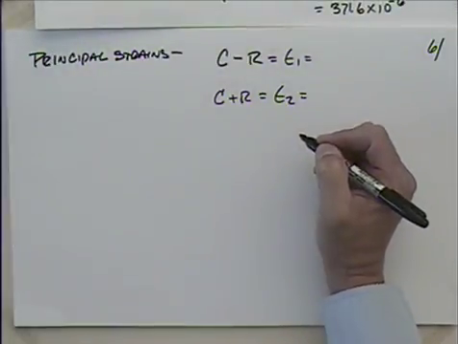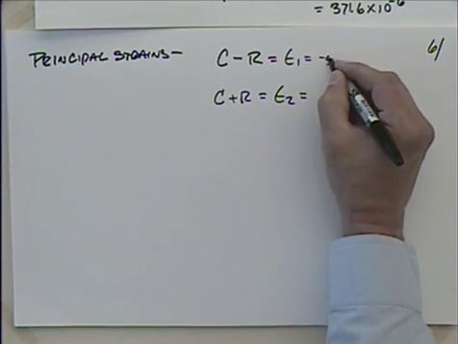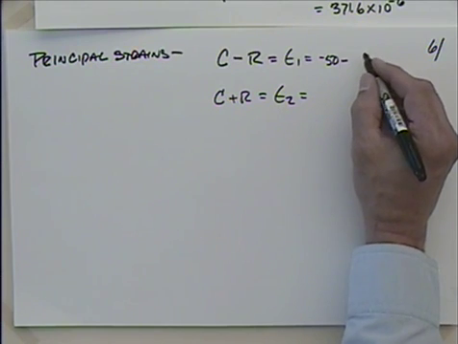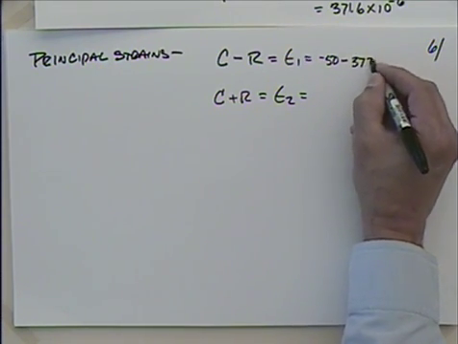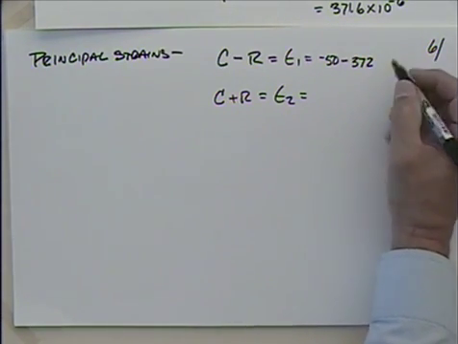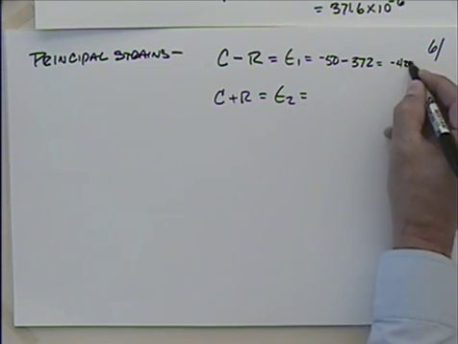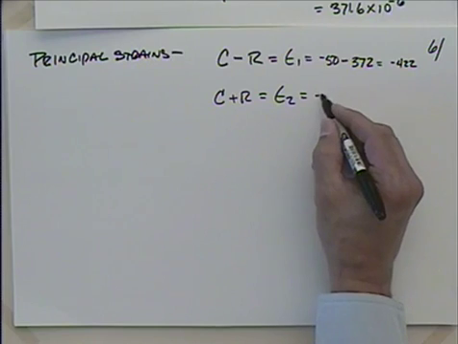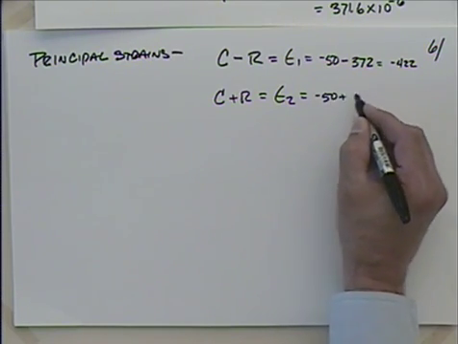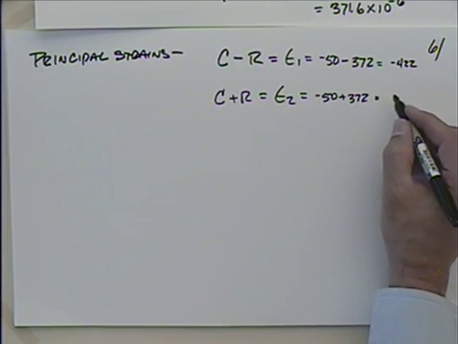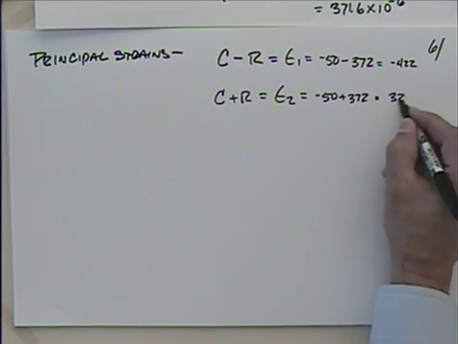So let's see what that looks like then. Minus 50, and then I subtract 372, just to round that radius off, and we get minus 422. Here I have the center at minus 50, and I add to it 372, so I come up with 322.